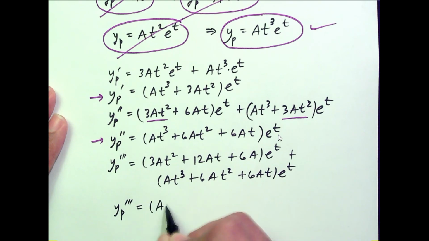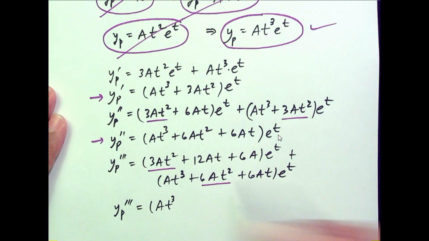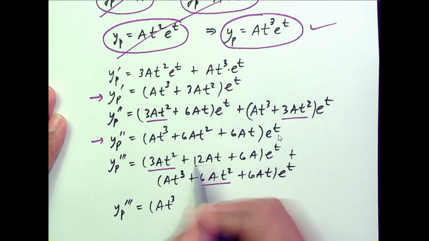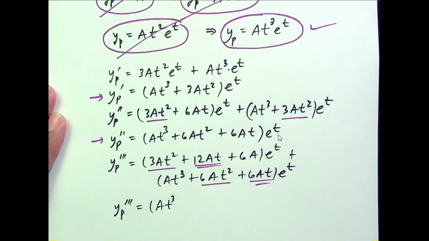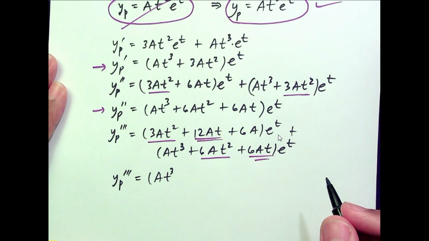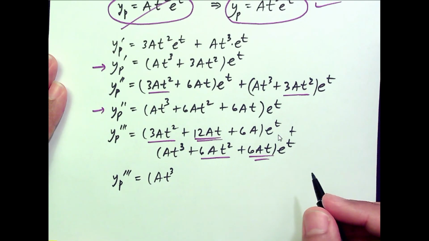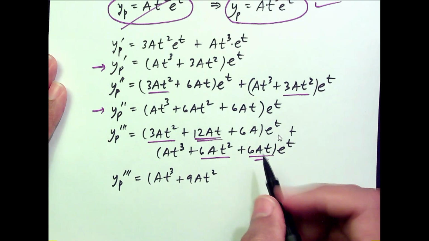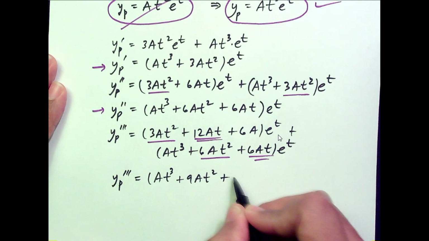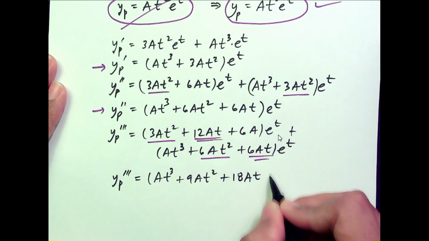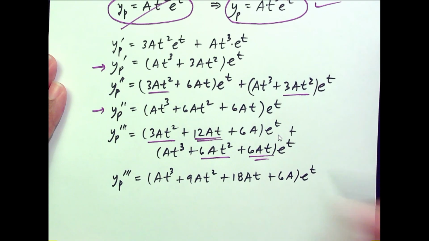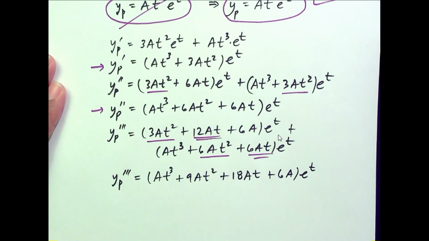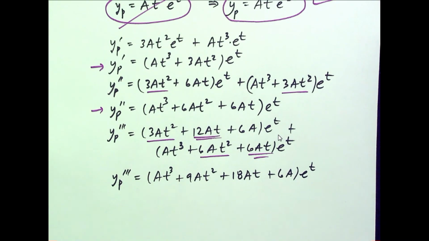You get a t cubed, and what are the like terms? This one is a like term with this one, and these two are like terms. So then you're going to get 9a t squared, and adding these two you get 18a t plus 6a e to the t. Okay, and that is the third derivative.